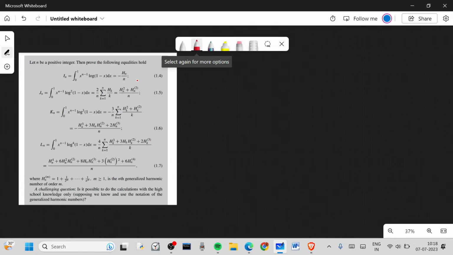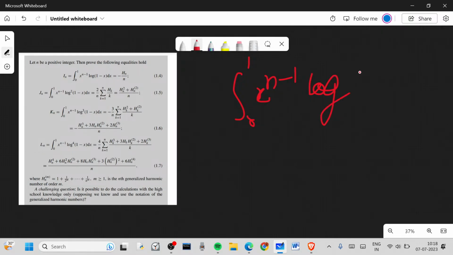So let's start. I don't think I will be proving the generalization. Let's see what we can do right now. So it's the integral from 0 to 1 of x^(n-1) ln(1-x).